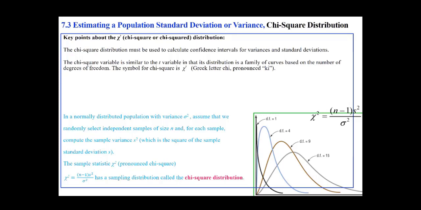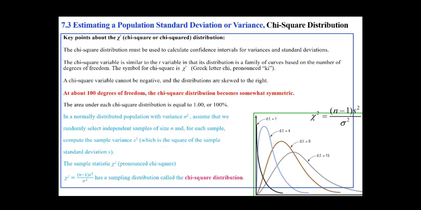In a normally distributed population with variance sigma squared, assume that we randomly select independent samples of size n, and for each sample, compute the sample variance s squared, which is the square of the sample standard deviation s. The sample statistic chi-squared is equal to n minus 1 times s squared over sigma squared, which has a sampling distribution called the chi-square distribution.